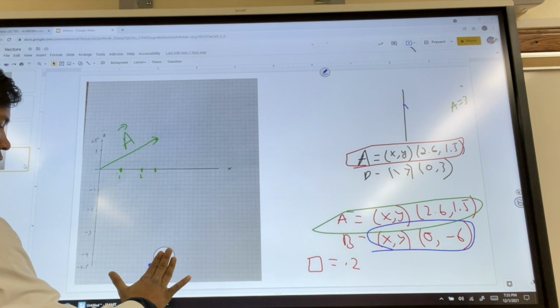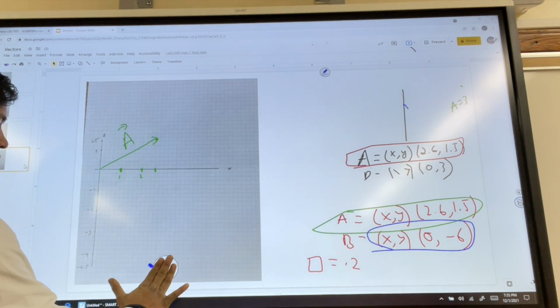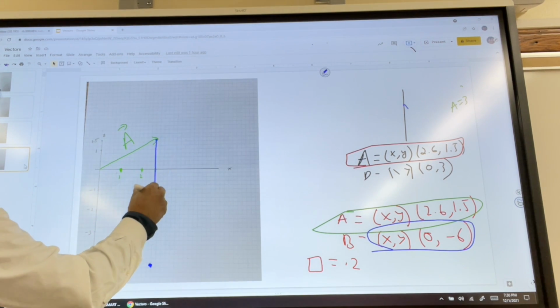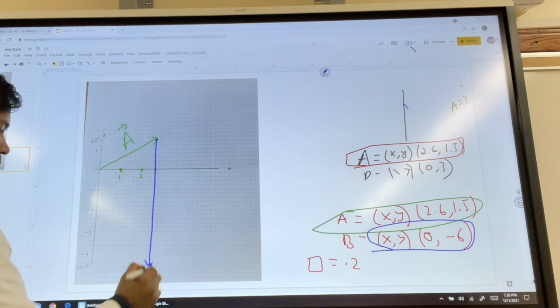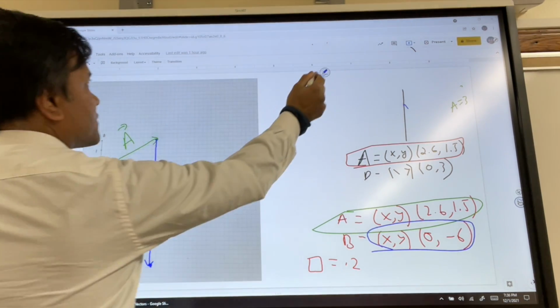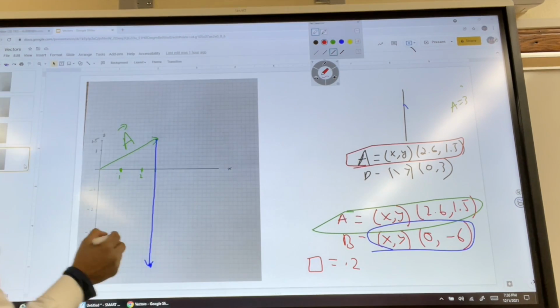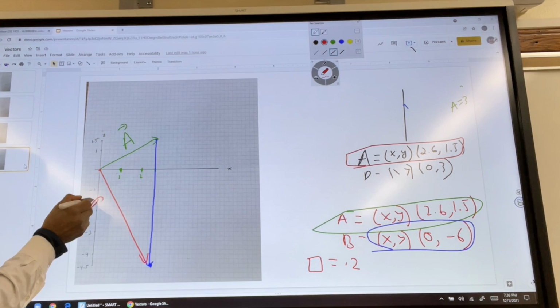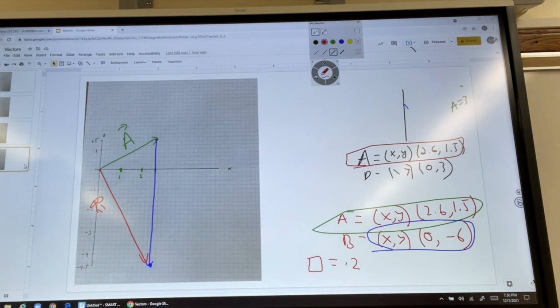I like to believe this is 0 comma negative 6. All right, so that's it. Now I have to draw the resultant, and the resultant is this one. How can we find the resultant? All right, so we can count.